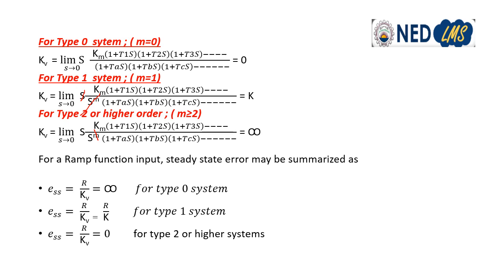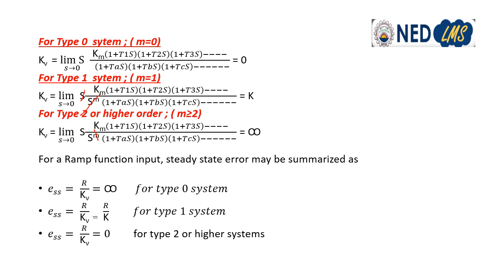So when we apply the limit, it will be K upon s, and this will become K upon 0 and the result will become infinity. So the ramp error coefficient in case of type 2 or higher order system will become infinity.